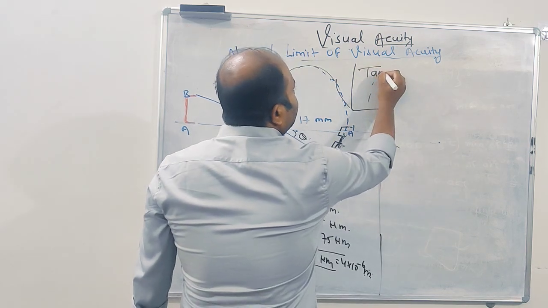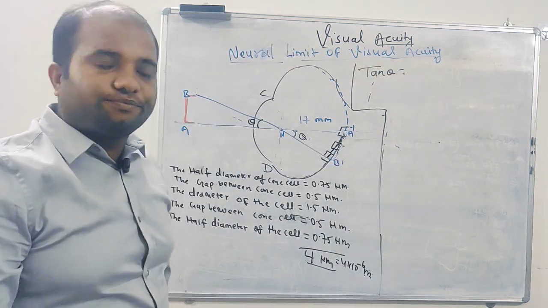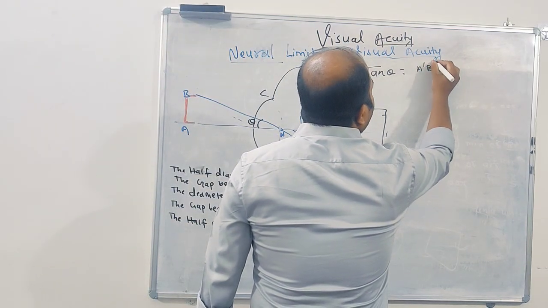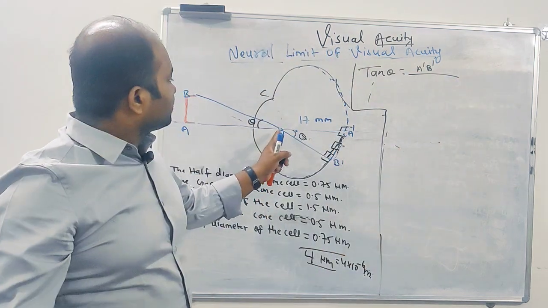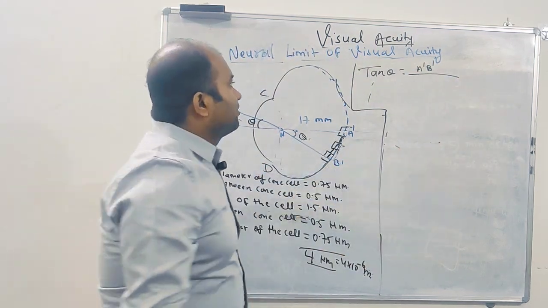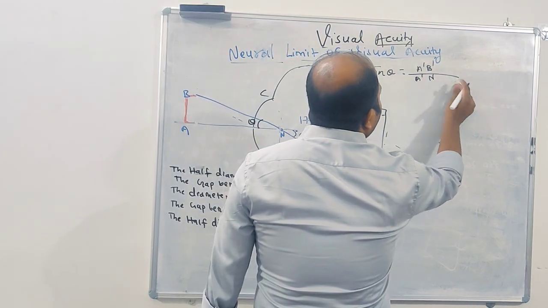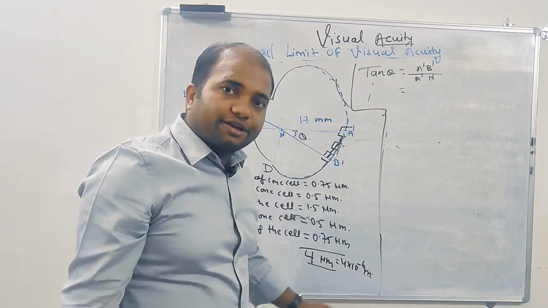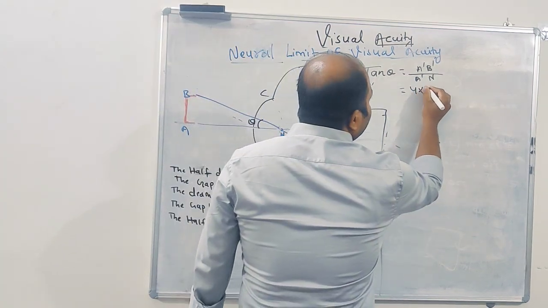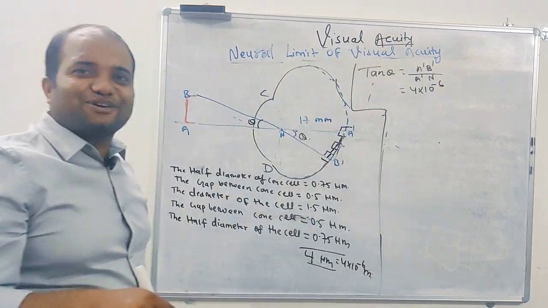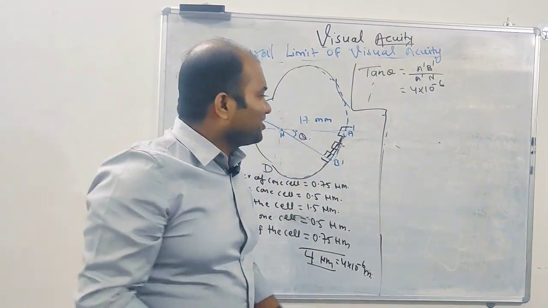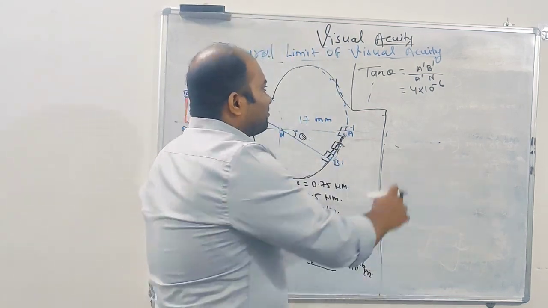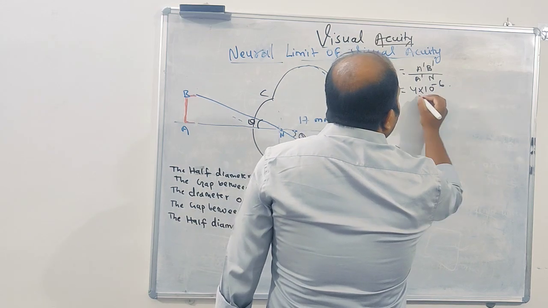Opposite is A dash B dash, and base is A dash N. A dash B dash is 4 micrometer. It's very easy actually. As compared to earlier lectures, the neural limit is very, very easy and it will get completed within 5 minutes. So 4 into 10 to power minus 6 meter.